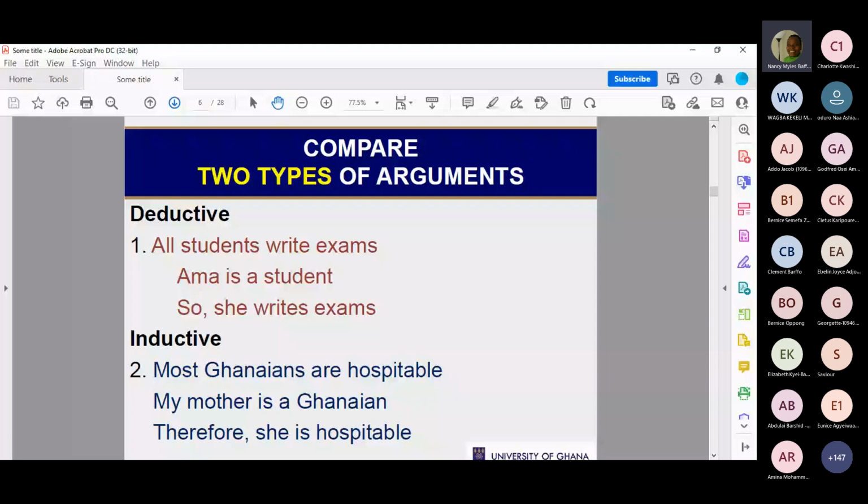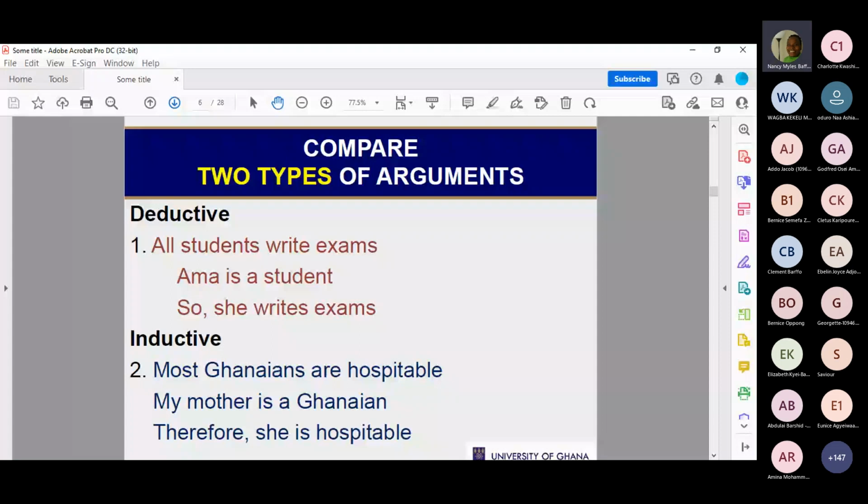The premises, if true, will make the conclusion also what? True. If its premises were true, it would also make the conclusion true. If we assume that the premises were true and it will make the conclusion necessarily true also, then that reasoning or that argument is what? Deductive.